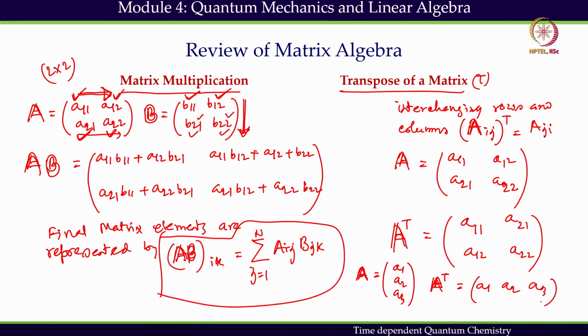A column matrix is converted to a row matrix, and this kind of column matrix is called a vector in linear algebra. We will stop here, and we will continue this discussion of this module in the next session.